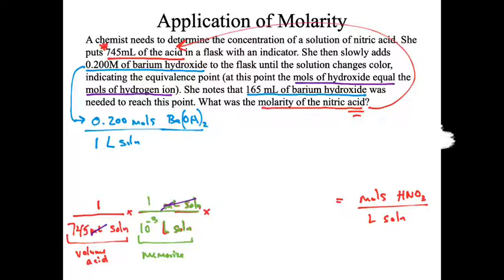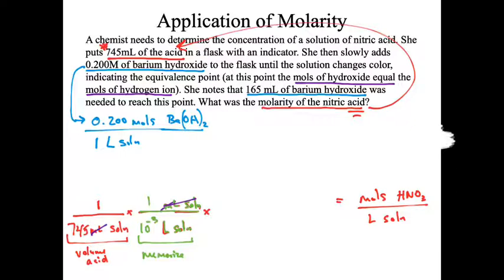So it says you got 745 milliliters of nitric acid, and then you're adding in your 650 milliliters of barium hydroxide to equal that. So it says at this point the moles of hydroxide equal, and it's at 0.2 moles over liters.